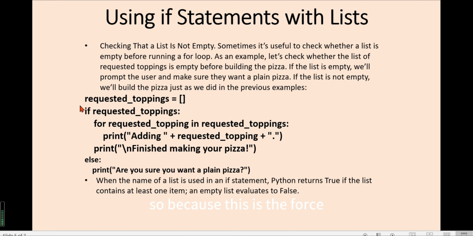Because this is false, we will run the else part and print, are you sure you want a plain pizza? But if requested toppings has at least one item, then the if block will be run. In this example, the else block will be run.